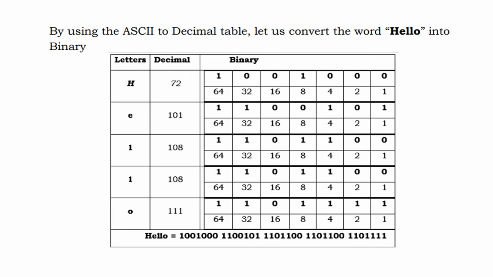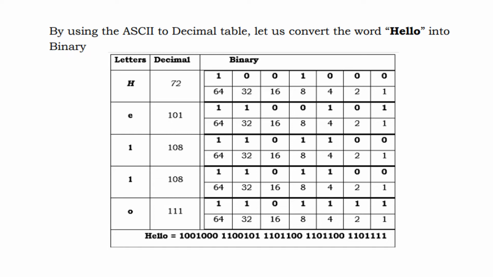Now, let's try to solve this. By using the ASCII to decimal table, let us convert the word hello into binary. H is equal to 72. E is equal to 101. L is equal to 108.